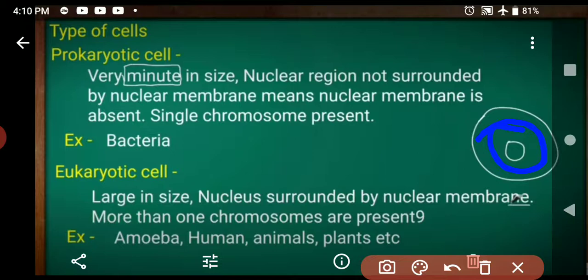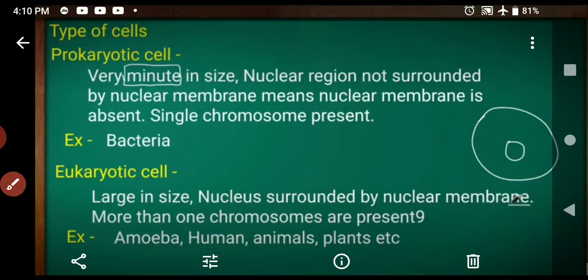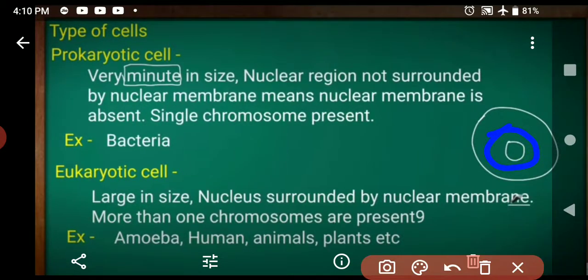And eukaryotic cell, nuclear material is surrounded by a nuclear membrane. It means eukaryotic cell has well-defined nucleus.